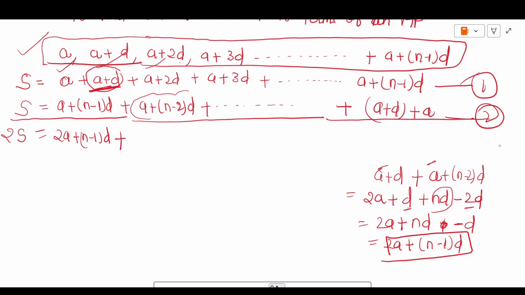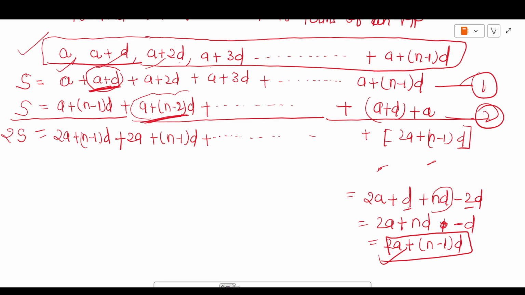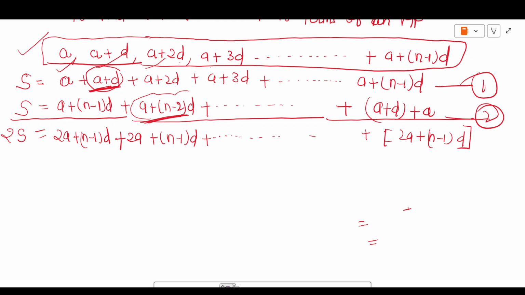What do we get? 2A plus (n minus 1) into D, and so on, up to the last term, which is also 2A plus (n minus 1) into D. Do you understand, students?